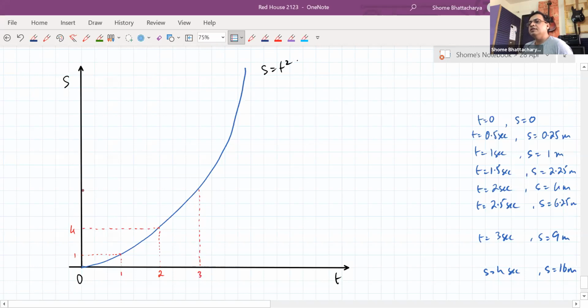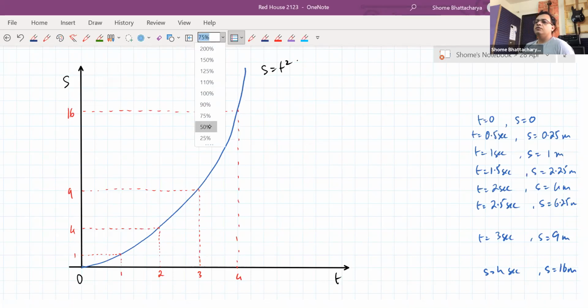You don't have to draw it exactly to scale. You just have to make a rough estimate. If you draw it on graph paper exactly to scale, then it will be that much better, but it's not really required over here for us. And so on and so forth. This is what roughly the graph will look like.